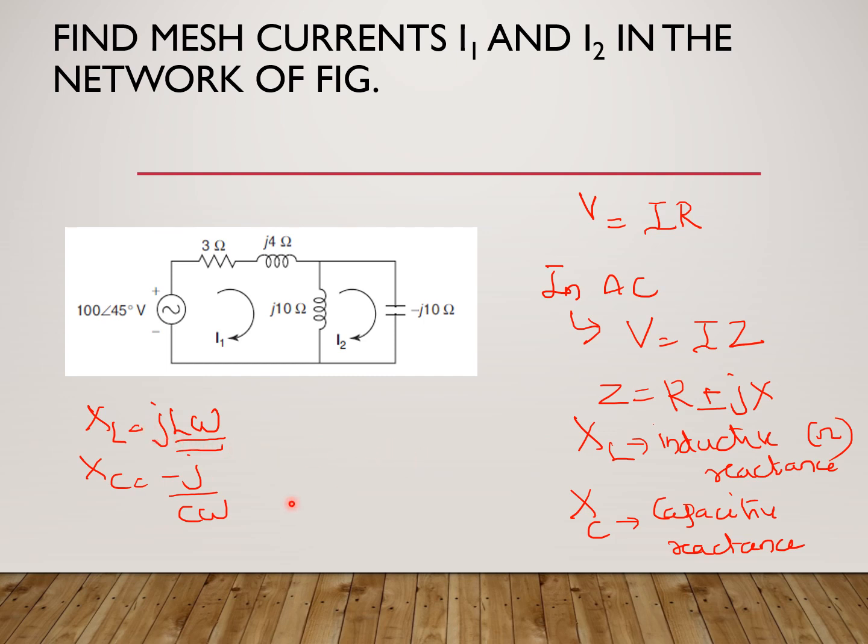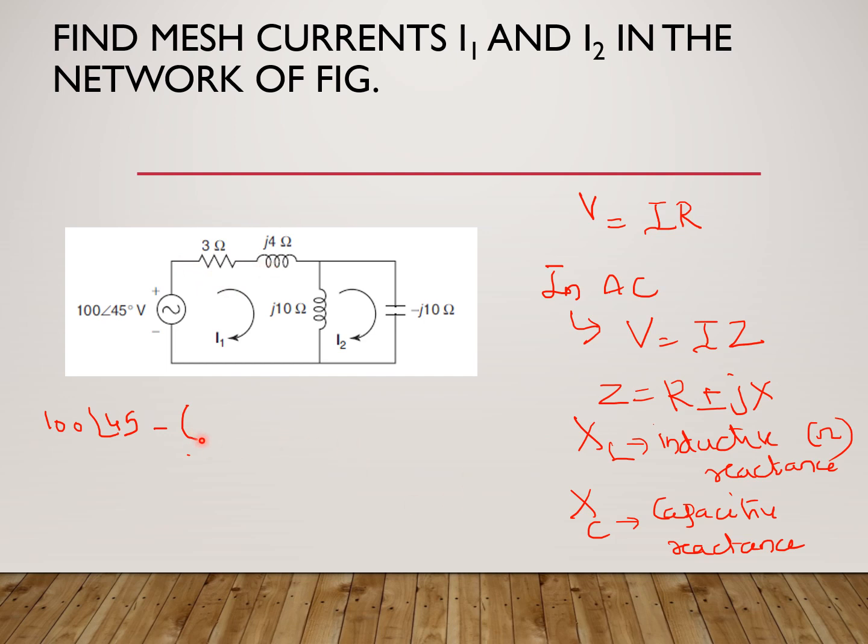Now, once we know this, what we are going to be doing is just writing the KVL equations like in normal mesh analysis. So if I go around the first loop, I have 100 angle 45 minus the total. Now we have the resistance and inductance both in series. So the total impedance is 3 plus J4.